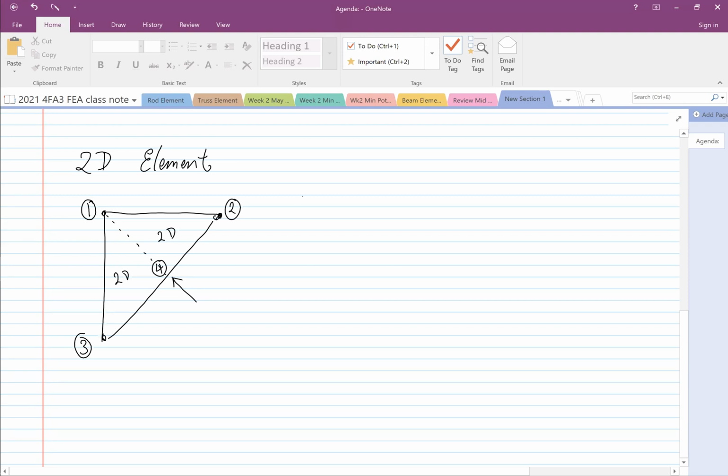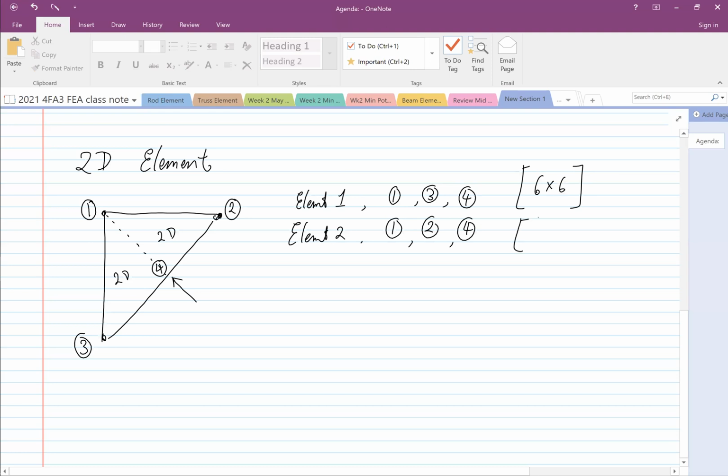From there, you have element 1 with nodes 1, 3, 4, and then element 2 with nodes 1, 2, and 4. And each element has a 6 by 6 matrix.